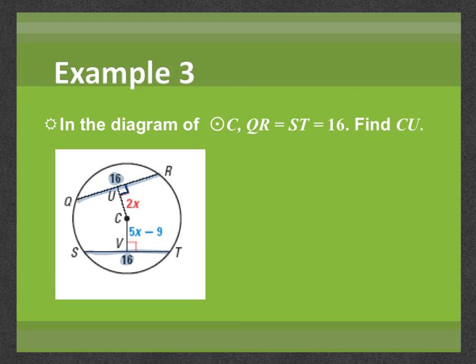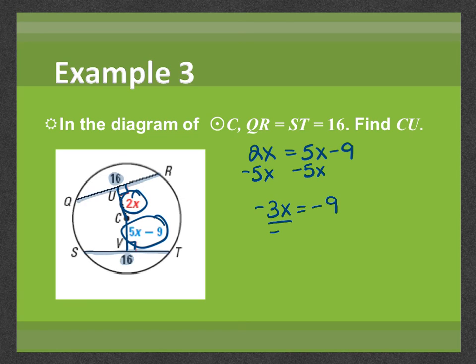Because it has this right angle, I know that these are showing true distance, which means 2x is going to equal 5x minus 9. So I can subtract the 5x. Negative 3x equals negative 9. Divide by negative 3. And x is 3.